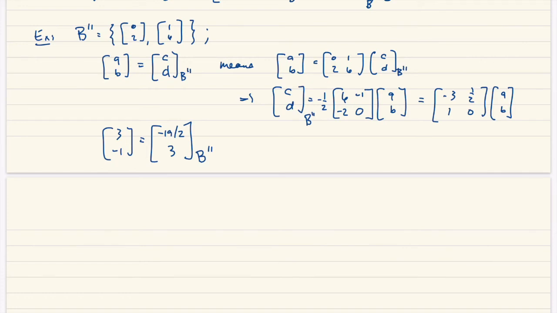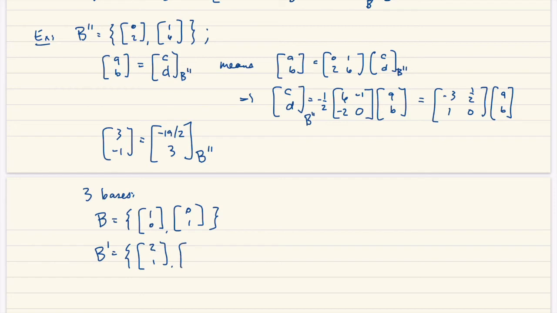So we have our three bases. We have our standard basis, B, which is 1, 0, 0, 1. We have our basis, B prime. B prime was 2, 1, 5, 3.